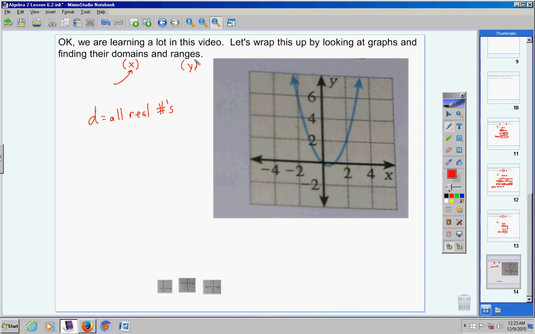Now I'm going to deal with the range, which is my y values. So I'm going to cross this off so I'm not confused by that, okay? Now I'm dealing with my range, so I'm dealing with the vertical movement, the up and the down. Now, obviously, the graph's going to continue up, up, and up, right? That's obvious. There's arrows on the graph. It'll continue on and on.